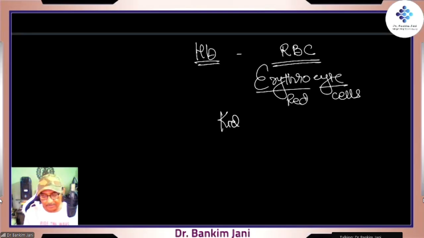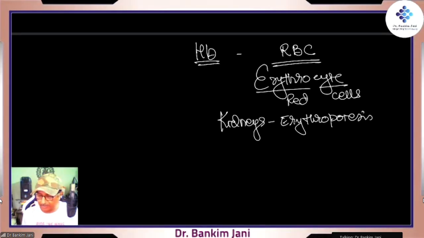And our kidneys produce one very, very important hormone, erythropoietin. It is because of this erythropoiesis, that is the RBC production, that is with the help of the hormone released by the kidneys.